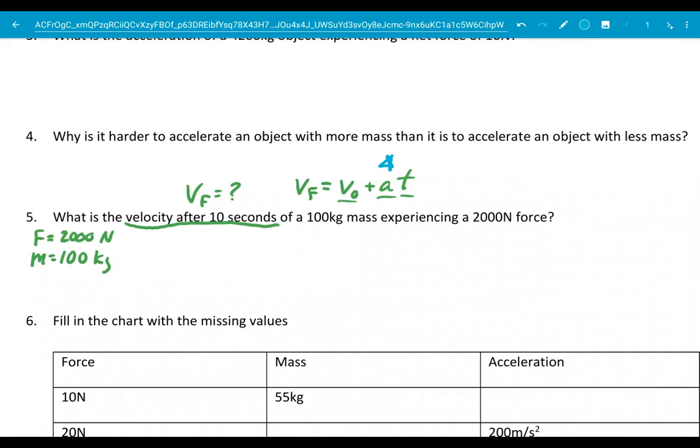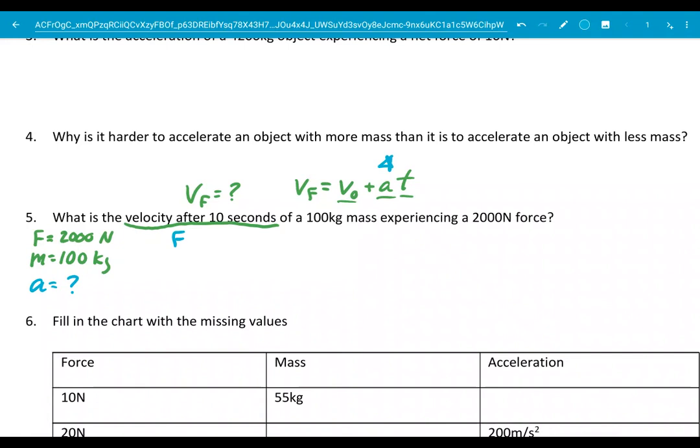Okay, so first, we're looking for what is the acceleration, because we need to know that. So we'll write down our formula, F equals ma, every time. The force is 2,000 newtons. The mass is 100 kilograms. And acceleration is a.